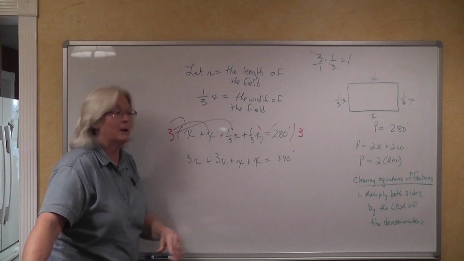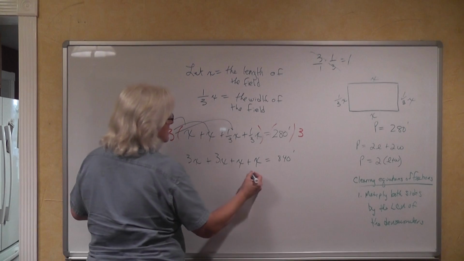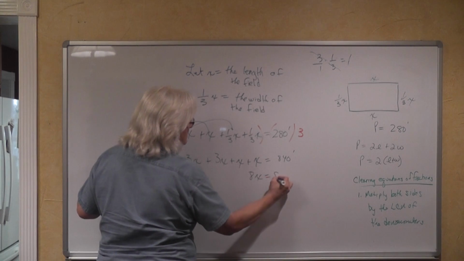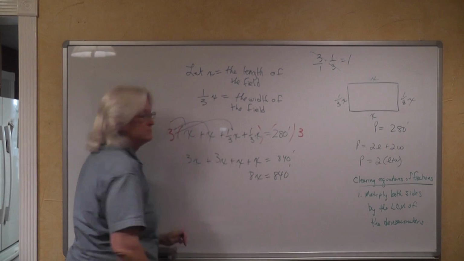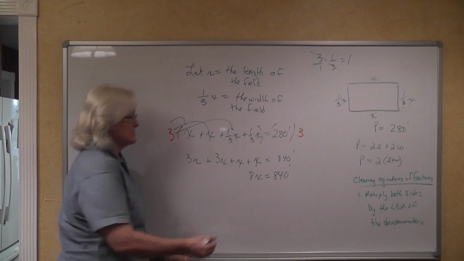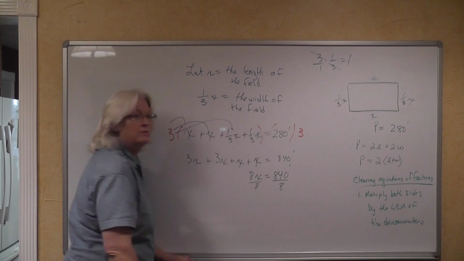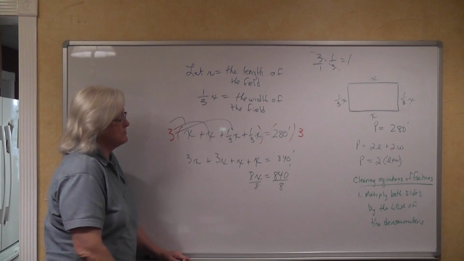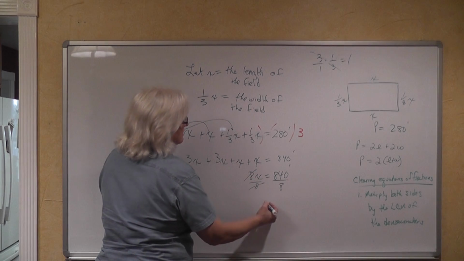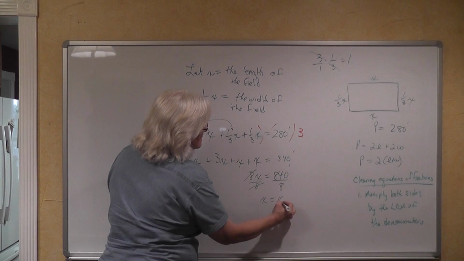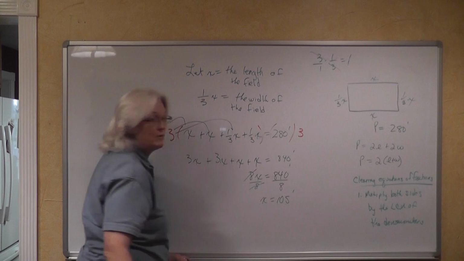Now, simply combine like terms. 8x is equal to 840 feet. I don't care what 8 times x is. I want to find out what x all by itself is. So I'm going to divide both sides of that equation by 8. And I find out that x is equal to 105 feet.